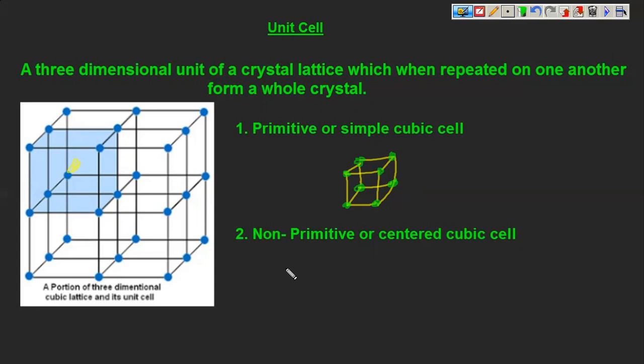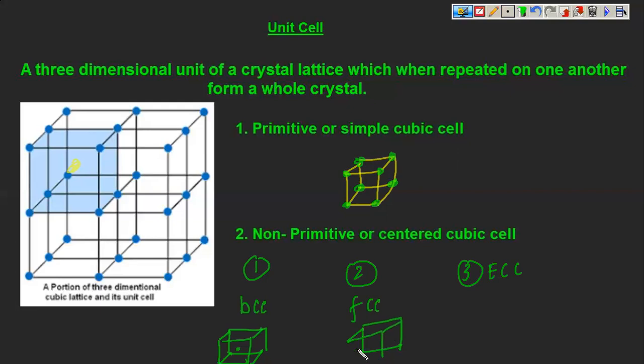A non-primitive unit cell may be BCC, body-centered cubic cell; FCC, face-centered cubic cell; and ECC, end-centered cubic cell. A body-centered cubic cell has particles not only at vertices but also at the center of the unit cell. In the same way, we will now see the FCC and ECC.